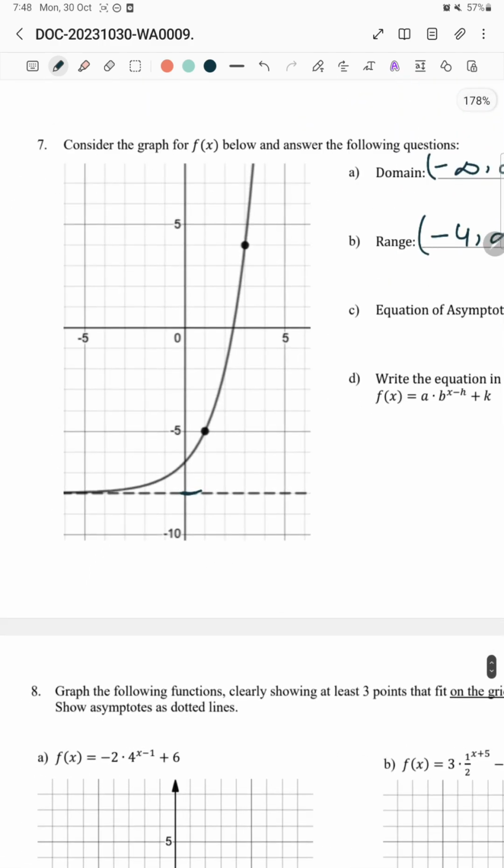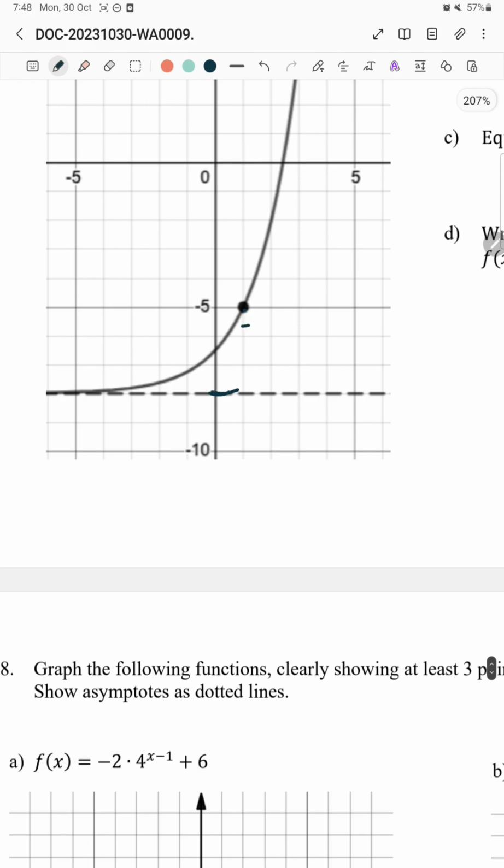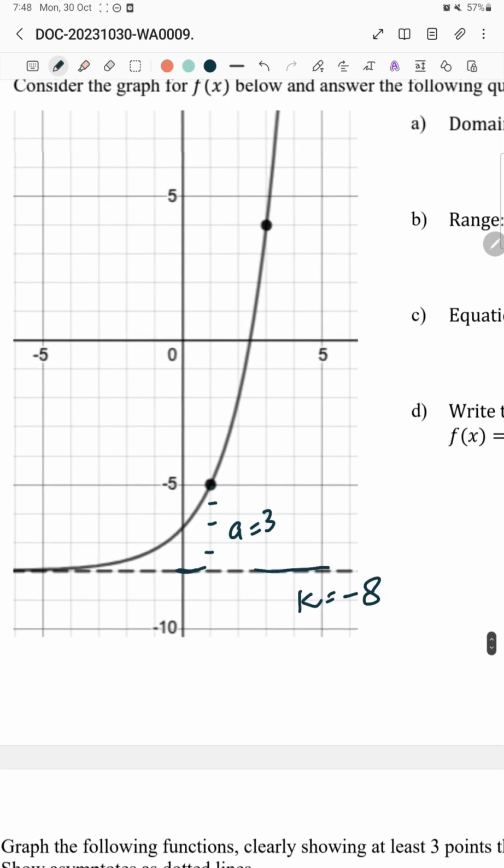Okay, now you're going to write the equation. So the distance from this point is 1, 2, 3. So a is equal to 3. K is equal to -8. H is equal to... and we need a point.